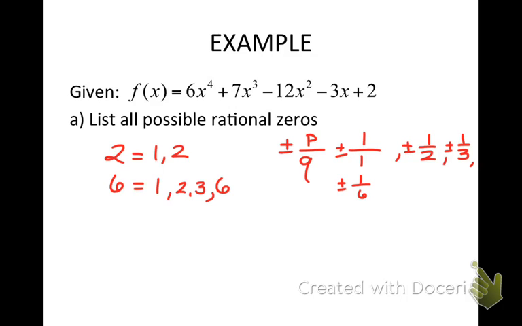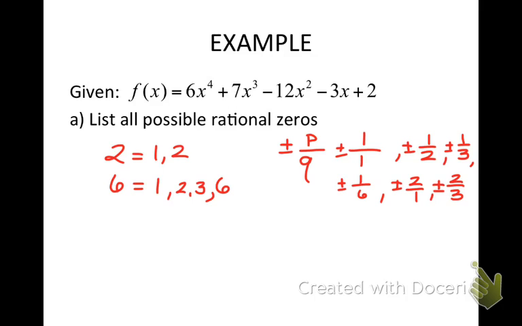Now I'm going to move to my 2 in the numerator: plus or minus 2 over 1. Do I need to do plus or minus 2 over 2 again? Nope, because I already have a 1 here. 2 over 3 I don't have. And plus or minus 2 over 6, I already have, because that would be 1/3.